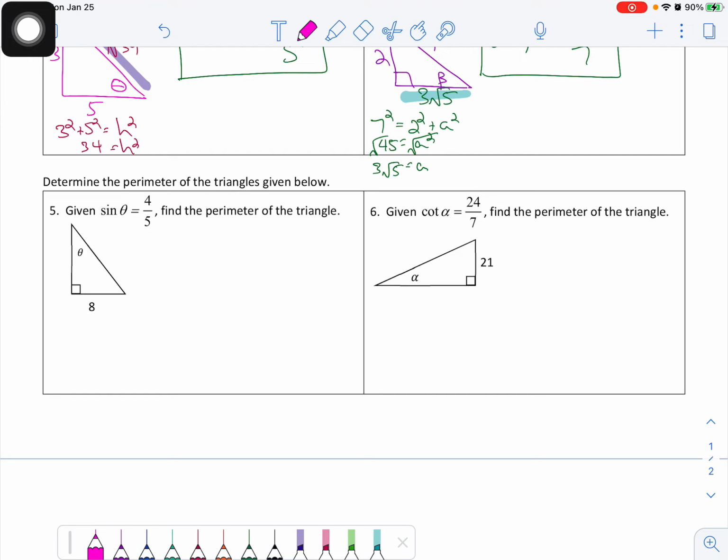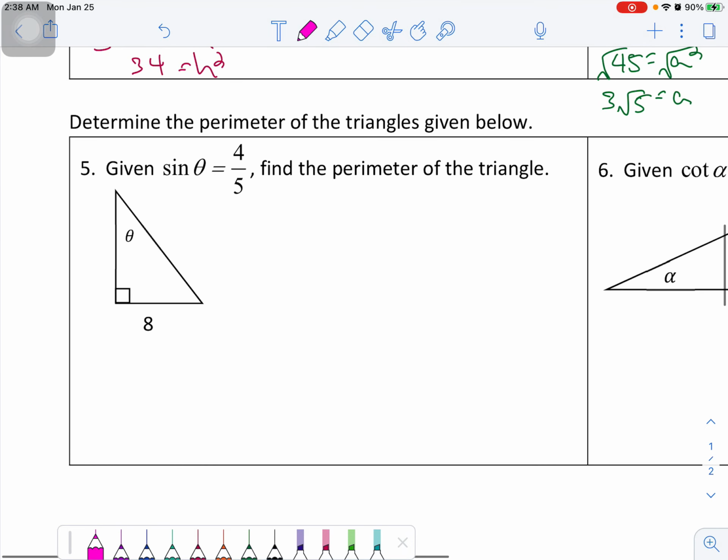All right, now problem number 5 and 6, you were asked to find the perimeter given certain information. Now, in order to find the perimeter, we need to know the exterior sides, and in the case of problem number 5, I only know one of them. But I'm also given this information that the sine of theta is 4 over 5.